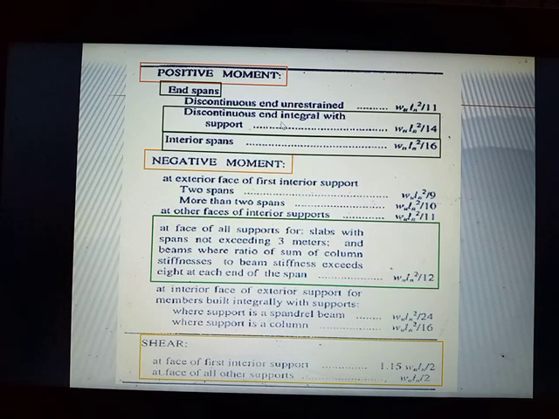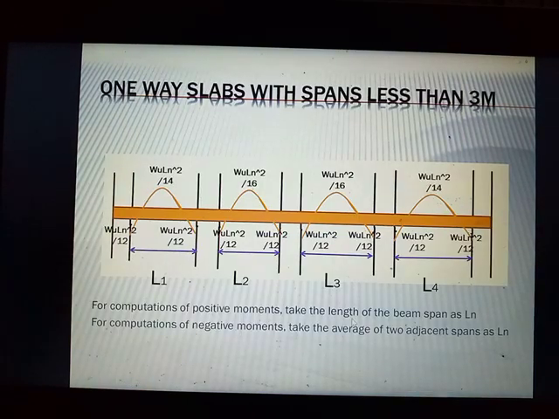Okay? Just like this. So all faces of supports for slabs with spans not exceeding 3 meters and beams where the ratio of sum of column stiffness to beam stiffness exceeds 8 at each end of the span. So if that is the case, you use this.